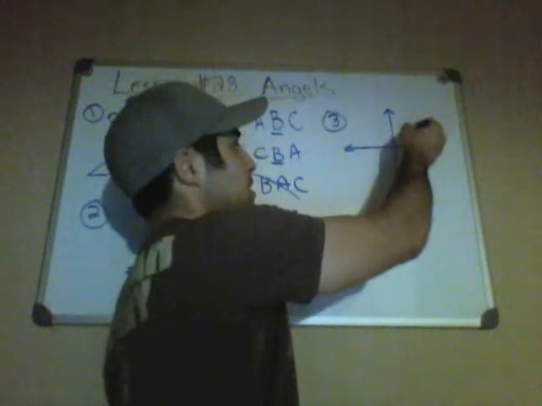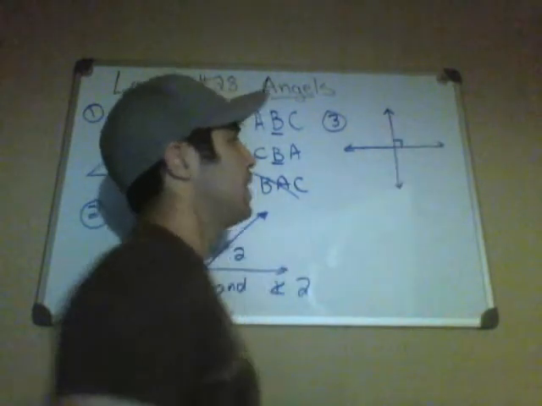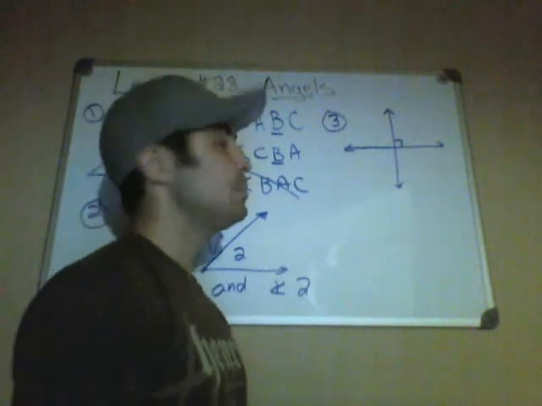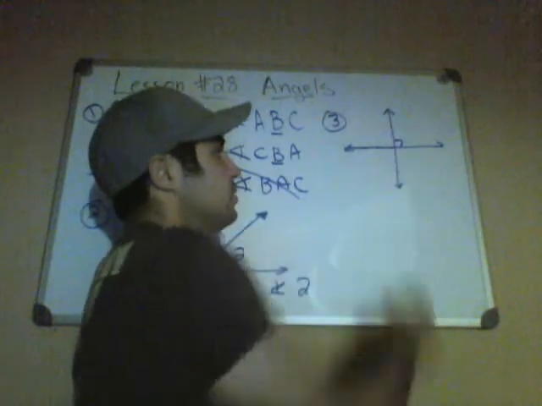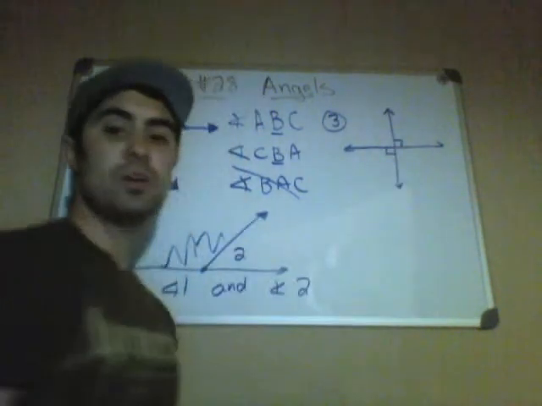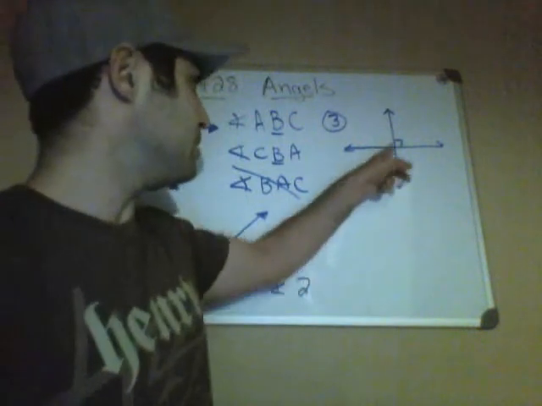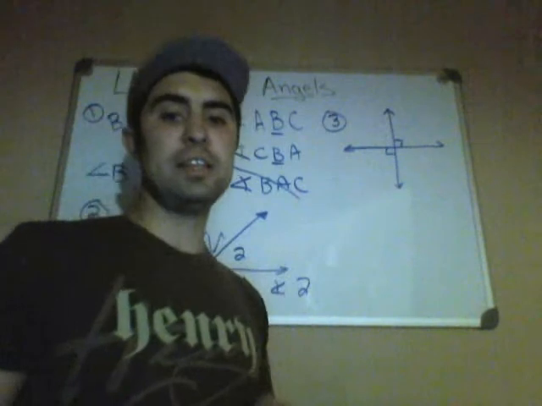If you've ever seen it, it's like a little box in between two lines. This shows that this is 90 degrees. You could do one over here as well. That's 90 degrees as well. So those little boxes mean that the angle created by those two lines is exactly 90 degrees.